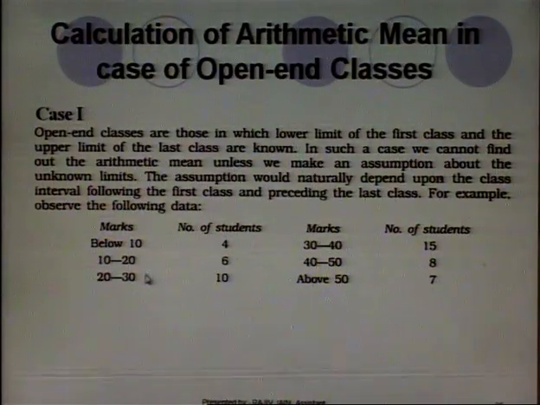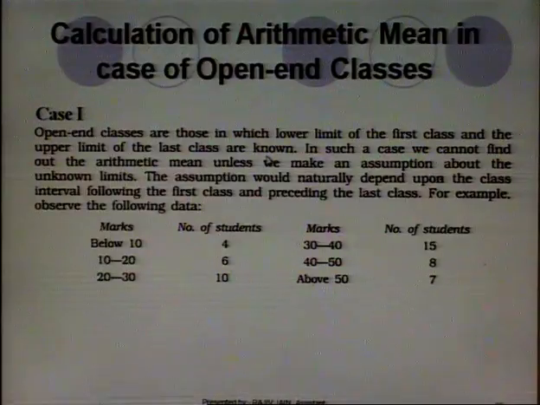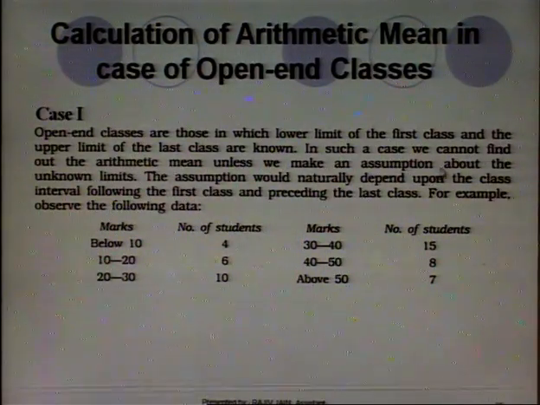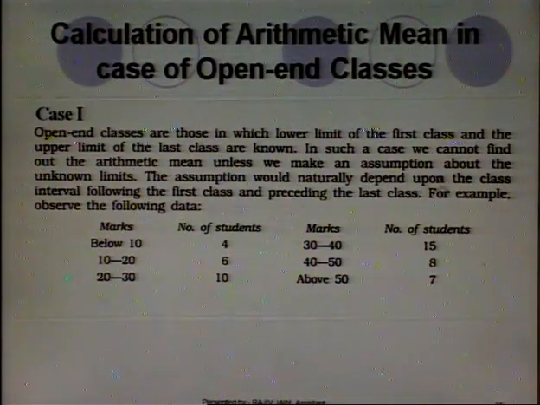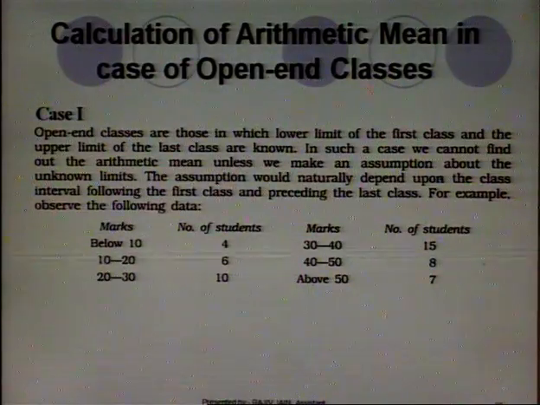So this is an open ended question. The open ended classes are those in which the lower limit of the first class and the upper limit of the last class are unknown. In such cases we cannot find the arithmetic mean unless we make an assumption about the unknown limits. The assumption would naturally depend upon the class interval following the first class and preceding the last class.